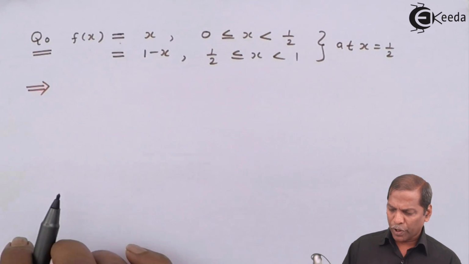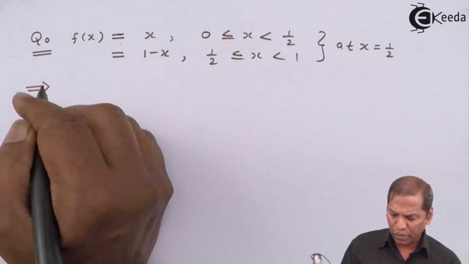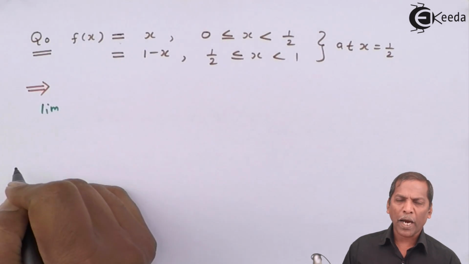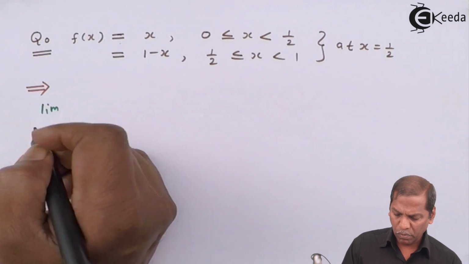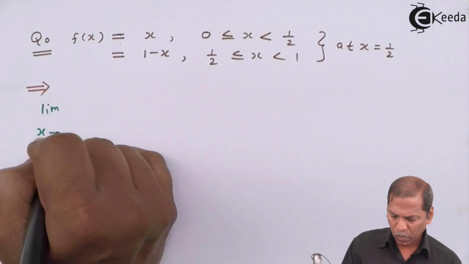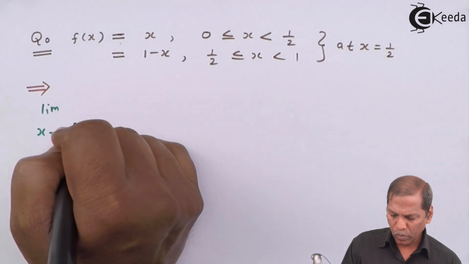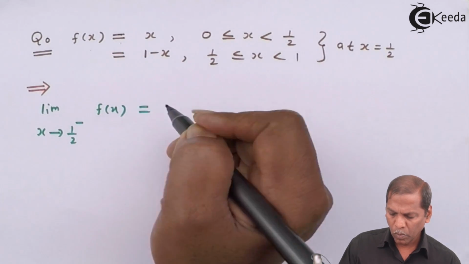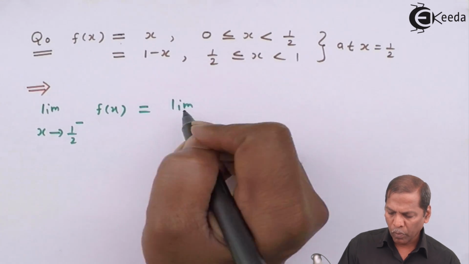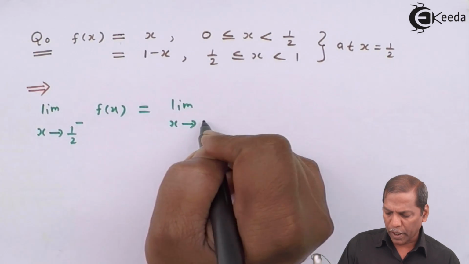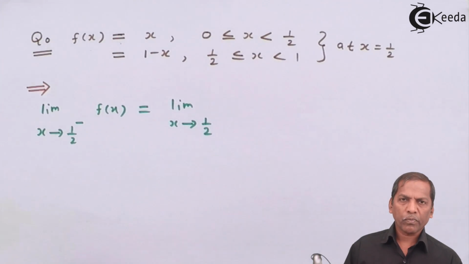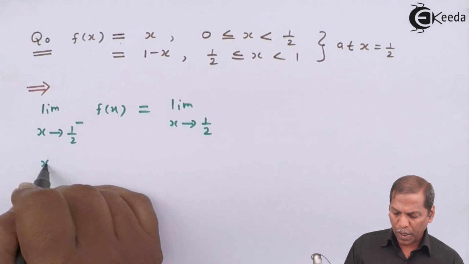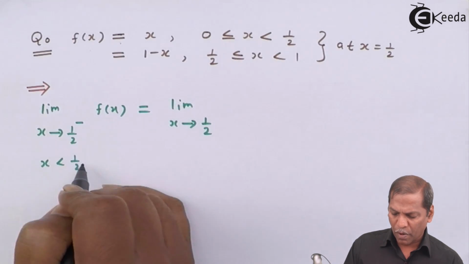First of all, we start with limit x tends to 1 by 2 minus f of x. Now x tends to 1 by 2 minus means x is less than 1 by 2.